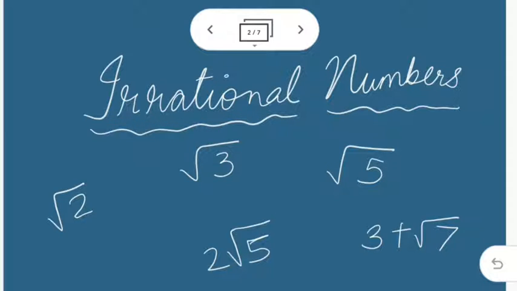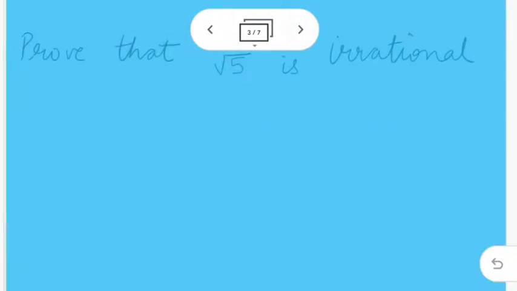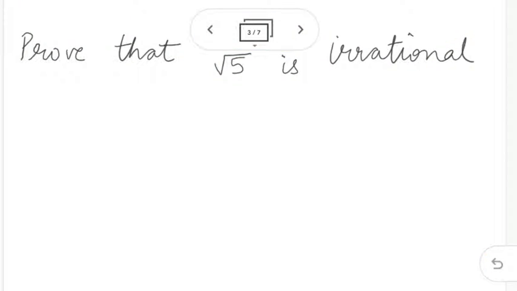Now we will learn in this exercise how we can prove that these numbers are irrational. Let's start. First we have a question: prove that root 5 is irrational. One thing we have learned so far is that irrational numbers cannot be written in P by Q form.